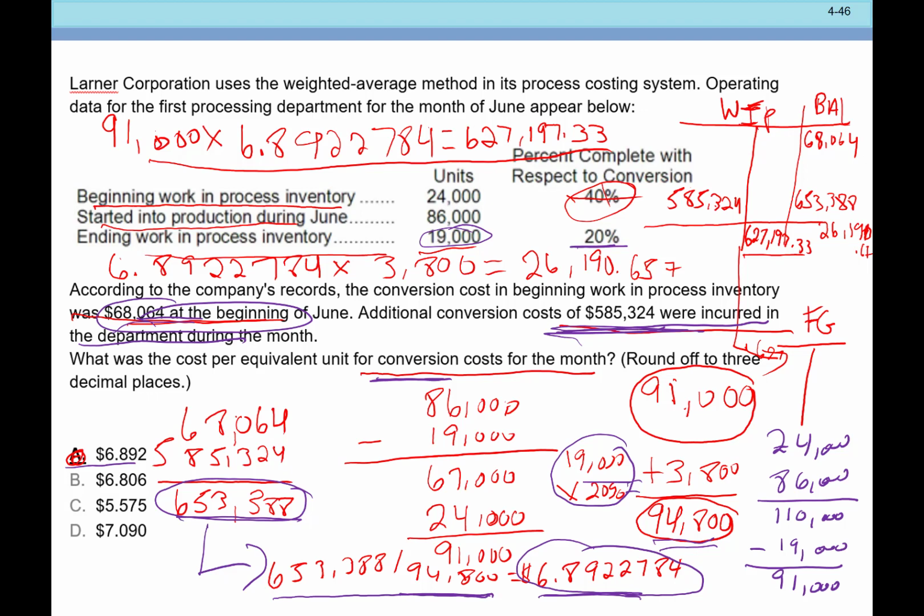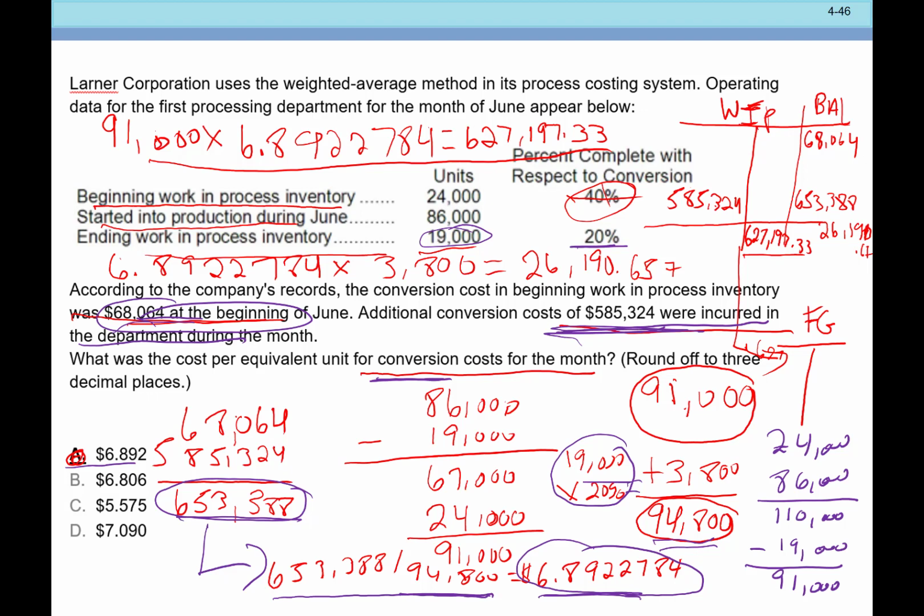We took all the units, so we're going to take all the costs from the beginning inventory, otherwise this isn't a true weighted average. So we gather up all those costs, 653,388. We divide it by 94,800, and that gives me an equivalent cost per unit of 6.89222784.